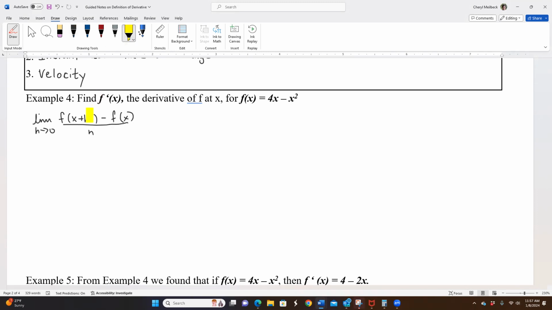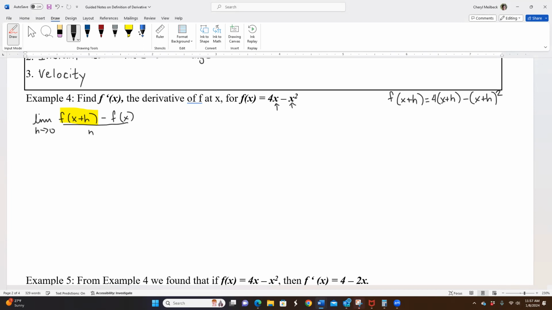Let's first figure out what this part is. So that means that we're going to substitute x plus h in for x in this function. Let's do that over here. f of x plus h would be 4 times x plus h, minus the x plus h squared.